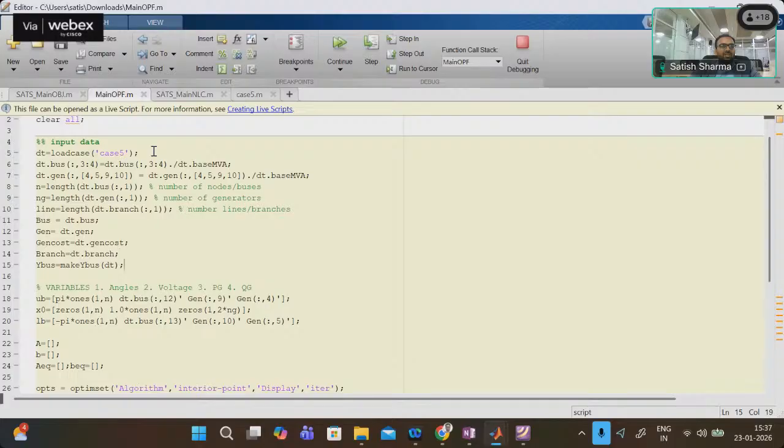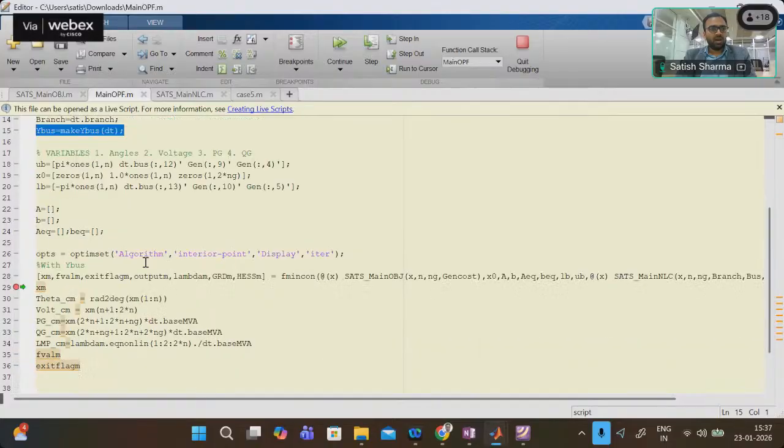After that, one thing you have to do is make a Y bus. You can simply Google how to make a Y bus. You will get a program for that, so you can use that program, make a Y bus, and directly put the Y bus here. After that you don't need MATPOWER.